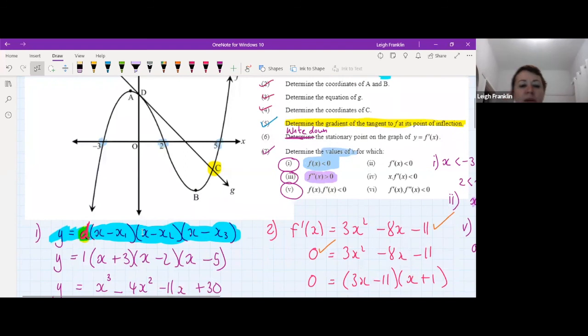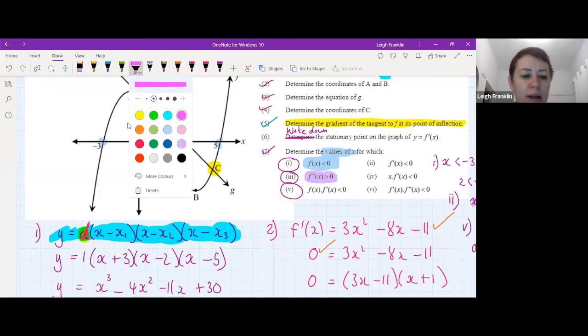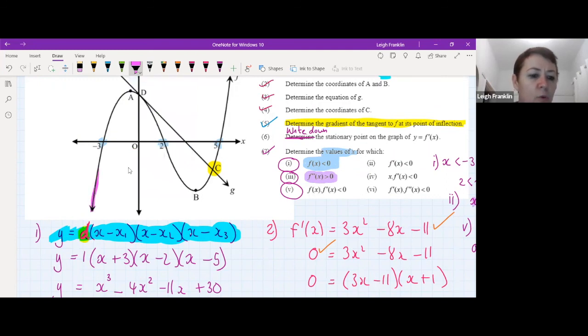Where are we walking downhill above the x-axis? Let's choose a better color. Let's go pink. Over here, I'm walking uphill below the x-axis. Gradient is positive, but output is negative. Here we are walking downhill. Gradient is negative, but output is positive. And then over here, gradient is positive, output is negative. So it's in these places here only where that is happening.